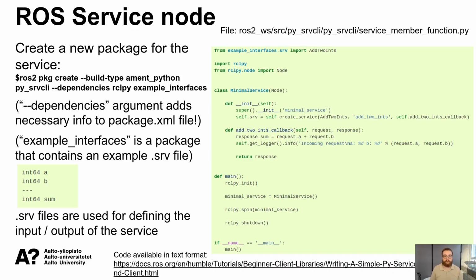Again, following an example from the documentation of ROS 2. To follow along, you should first create a new package for the service with this command. We are calling our package py_srv_cli. And now we are adding the dependencies here, rclpy and example_interfaces.